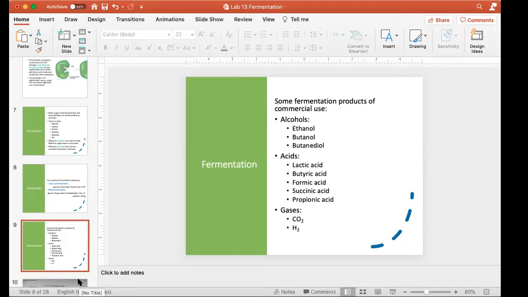You know, all those acids that you're able to buy commercially for chemistry-related purposes, they all have to come from somewhere. And a lot of times they're being made very naturally by microbial cells. And finally, the two most common gases that are produced through fermentation are carbon dioxide and hydrogen gas.